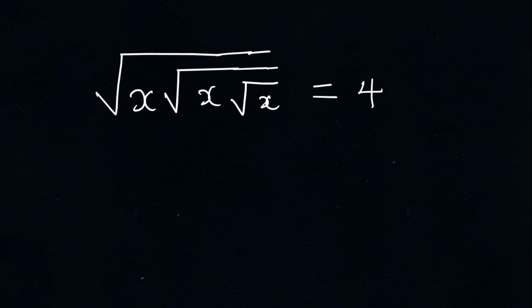So the method that I used in the previous example involved simplifying whatever we have from the innermost square root. So what we do basically is to convert the square root of x into x to the power of half.